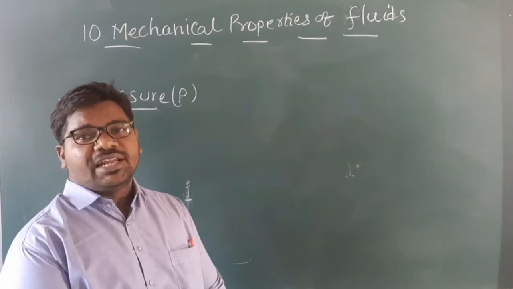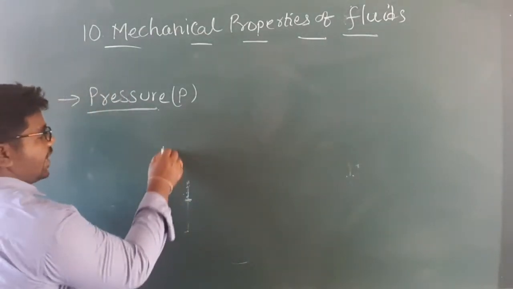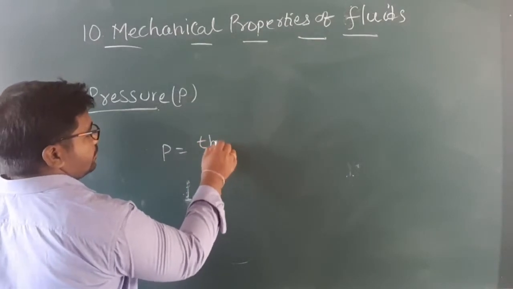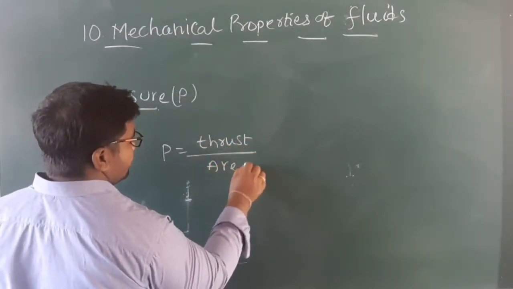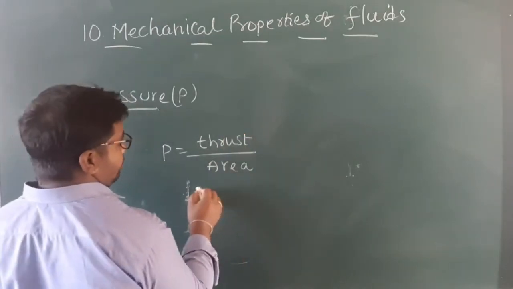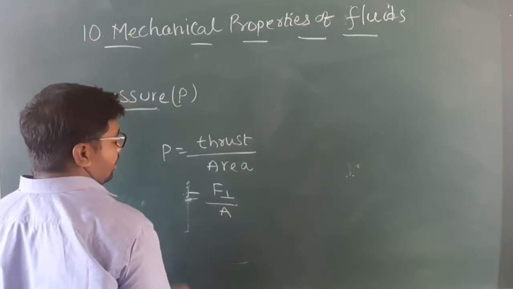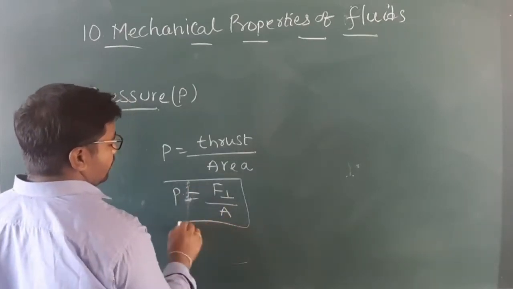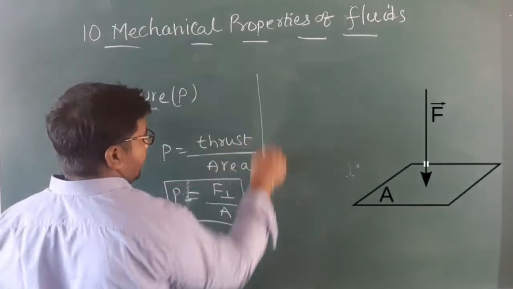In fluid dynamics, we discuss thrust acting per unit area. Thrust acting per unit area is called pressure, meaning F perpendicular per unit area.